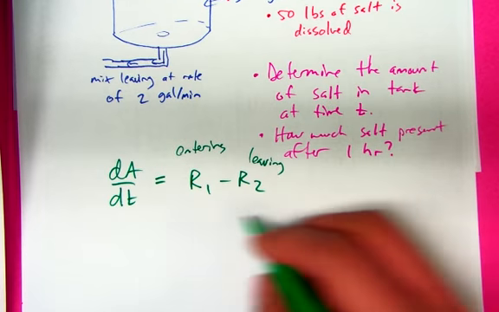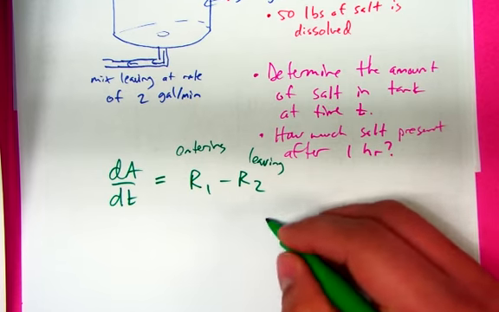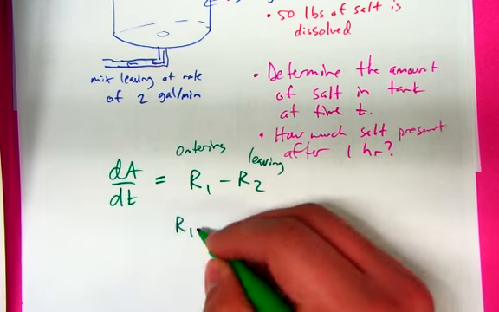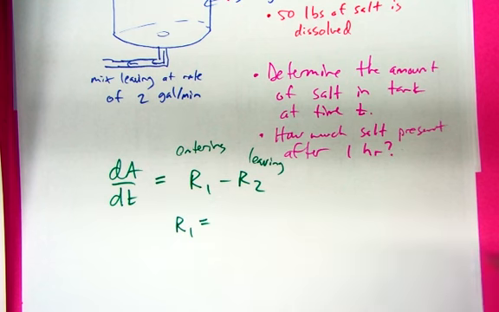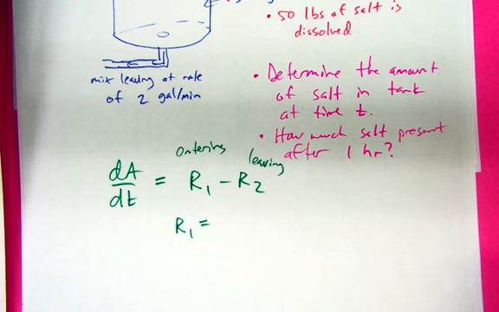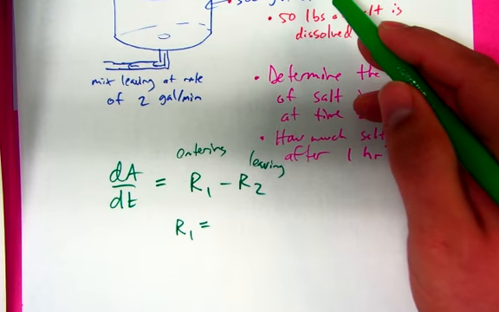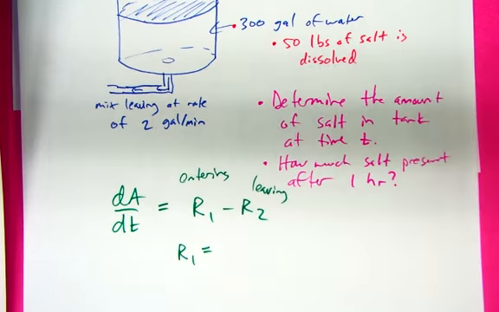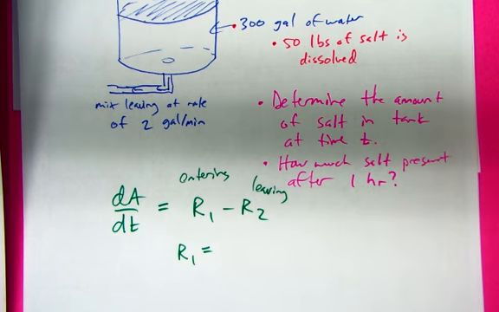Let's step aside for a second and actually write out, what's R1 going to be? What's the rate of salt coming in? It was at what rate? 3 gallons a minute.